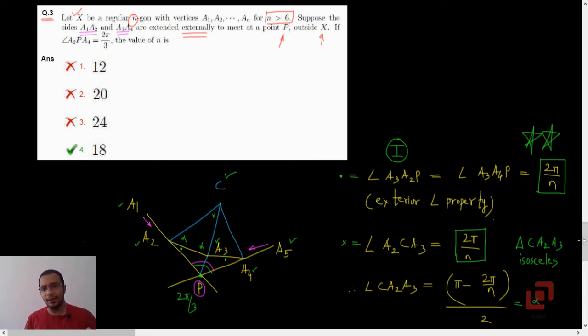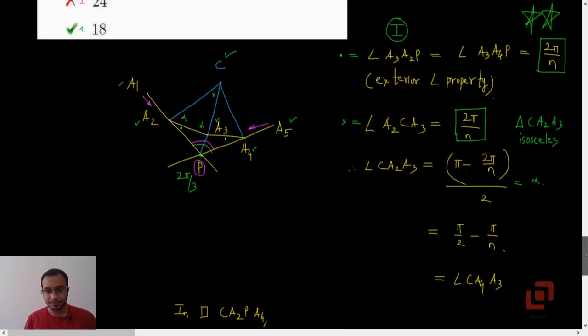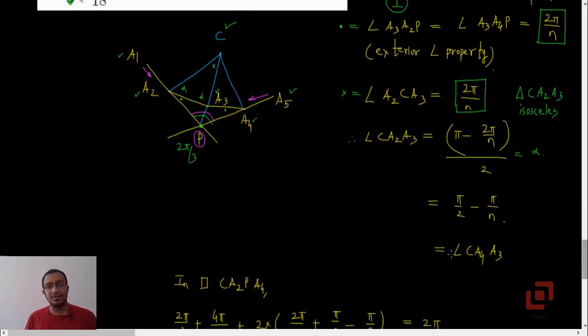Now the next part is not too difficult. We now consider the quadrilateral CA2PA4: CA2, then P, and then A4, and then back to C. So this quadrilateral has two blue sides and two yellow sides. Now sum of all angles of this quadrilateral is equal to 360 degrees or 2π radians. Well, we know that now.